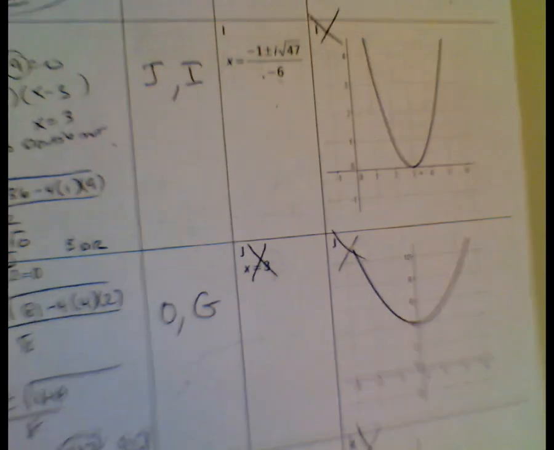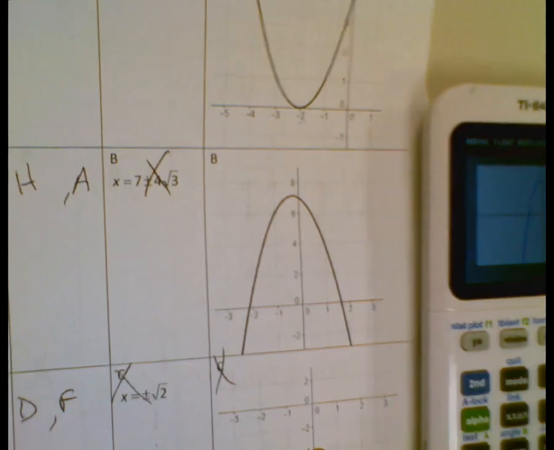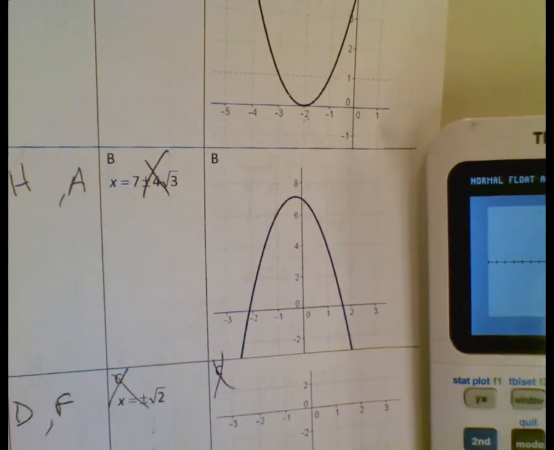Look for an upside down graph that hasn't been used. Is it this one? Looks like B. Yeah, I think it's B. That's my last one. Last problem. A and B. Okay. That's it.